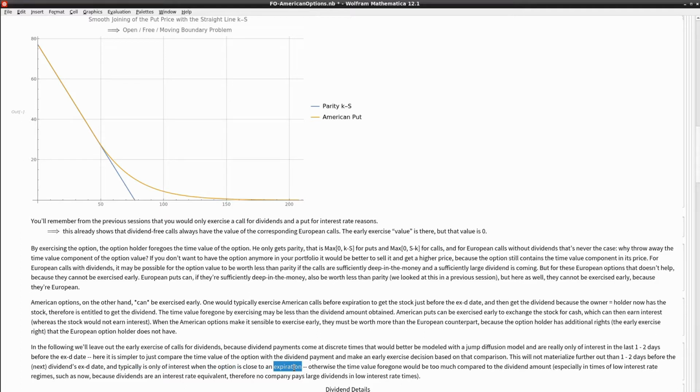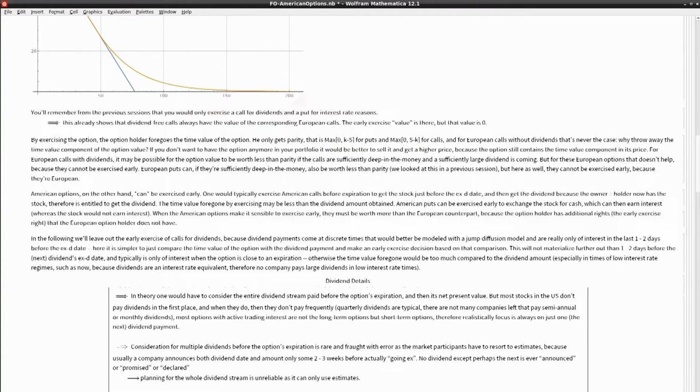It's the value that you still have on the option that is above parity, which increases with the amount of time that is left until you get to expiration. Right? Otherwise, the time value foregone would be too much compared to the dividend amount that you get by having the stock. And especially in times of low interest rate regimes, such as now, dividends are an interest rate equivalent, so no company pays you a lot of it when the interest rate is low.